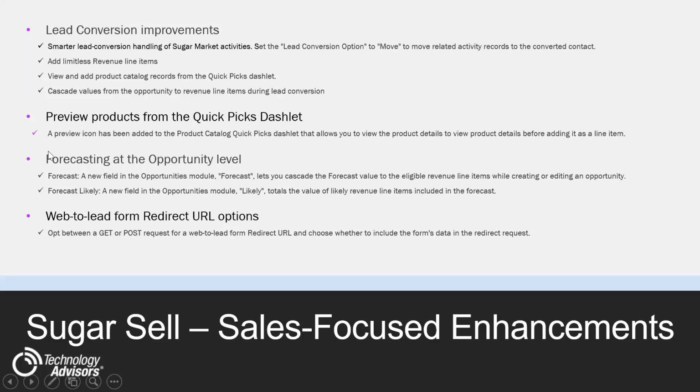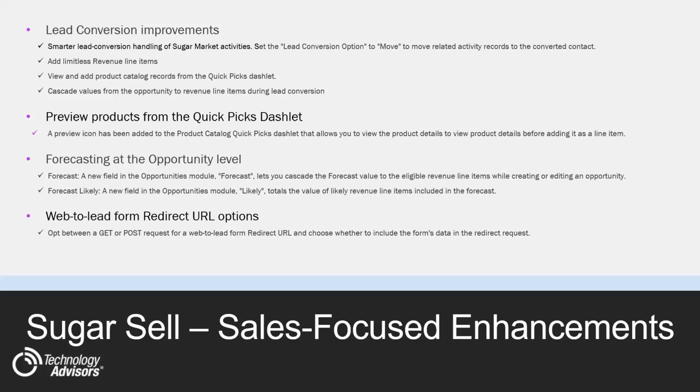At the opportunity level, there are improvements to forecasting. So a new field called forecast allows you to cascade the forecast value to the eligible revenue line items when you're creating or editing an opportunity. There's another field, likely, which totals all the value of the likely revenue line items that have been included in that forecast.